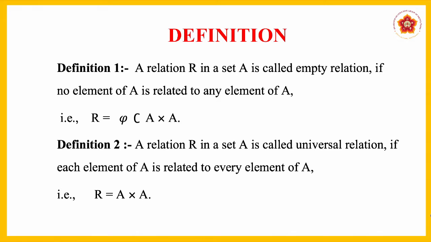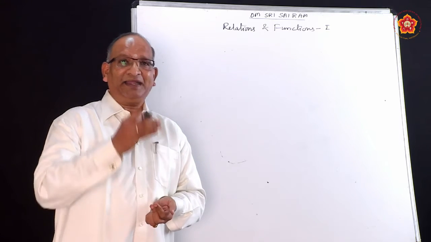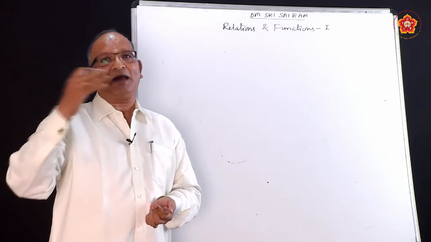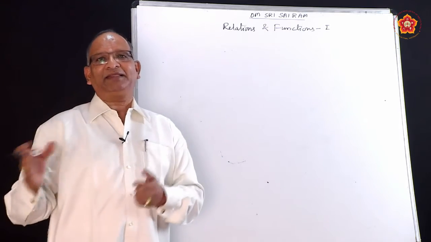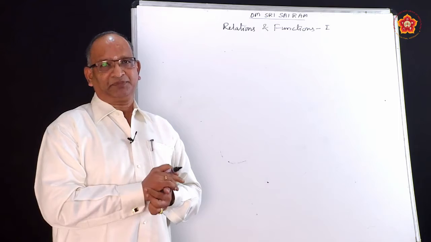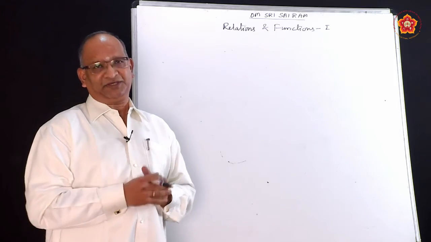The first definition: a relation R in set A. One very important thing which we have to learn before we go to define relations is, it is not necessary that you find a relation from one set to another set. We know that between one family and another family there is a relationship, but even among the members of the family there is a relation.